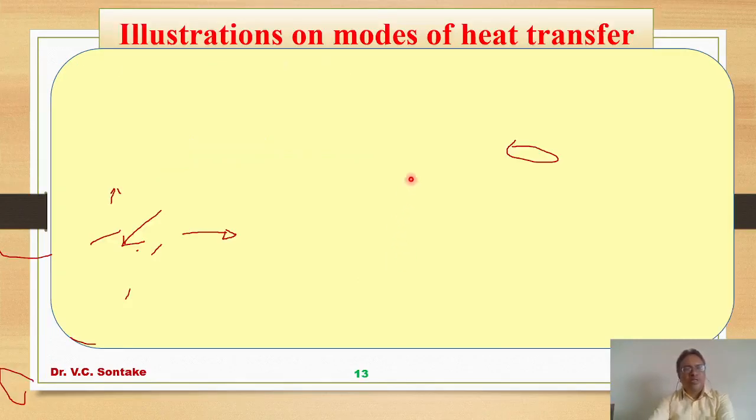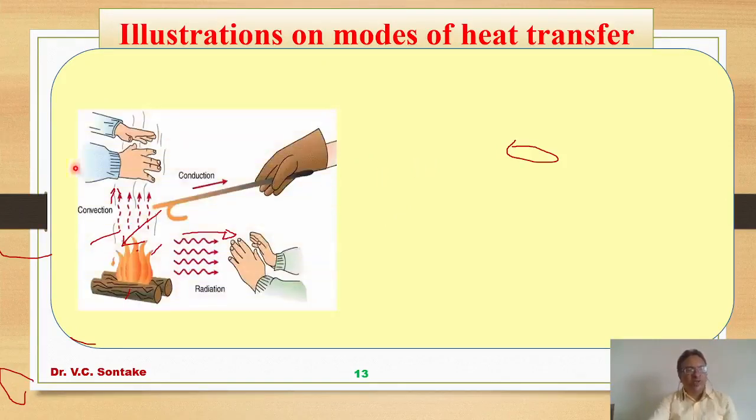Now let us take some different examples to understand more about modes of heat transfer. In this example, there are firewoods burning. If a stick is placed in the firewood flame, the heat transfer will take place from one end of the stick to the hand side by conduction.